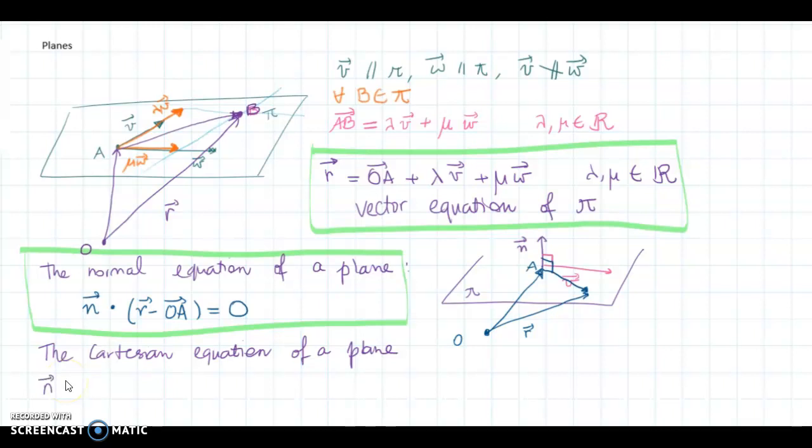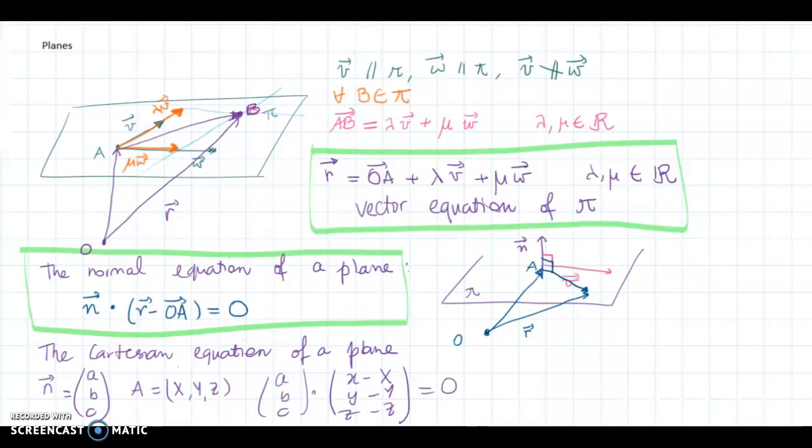Let's assume that the vector n is given by coordinates a, b, c, and let's say that the point A is X, Y, Z. So if I substitute those values in the normal equation of the plane, I'm going to have the a, b, c dot product, and then over here I'm going to have x minus capital X, y minus capital Y, and z minus capital Z. So here the small x, y, and z are just the generic values for the generic vector R.